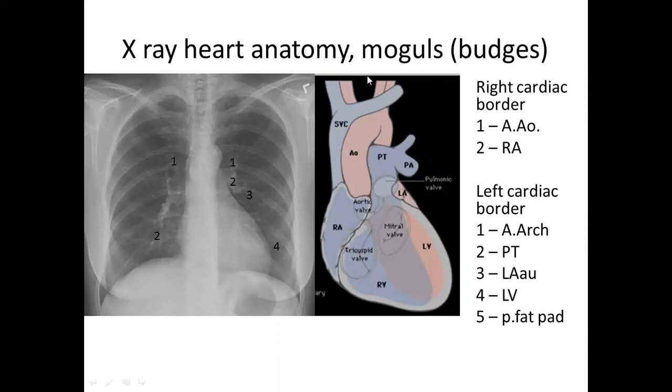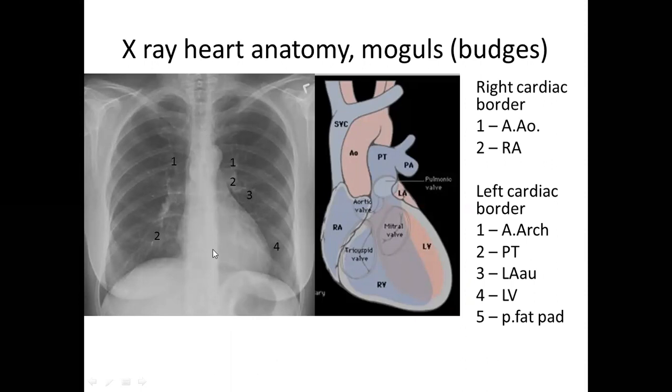We can divide it into two cardiac borders. Here is going to be the midline. We have the left cardiac border, which consists of a few bulges of the heart, and we have the right cardiac border.